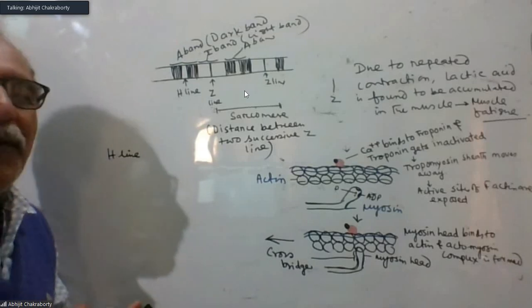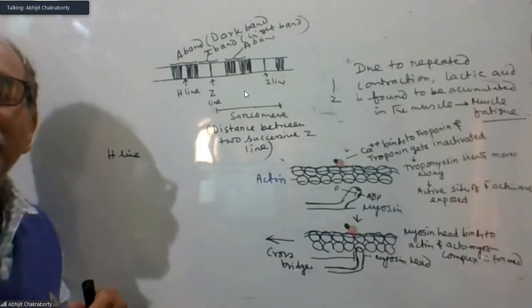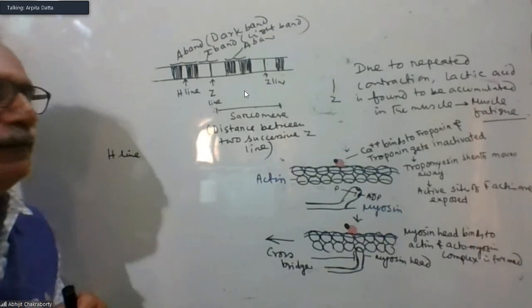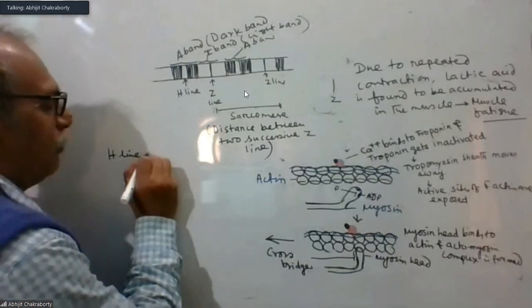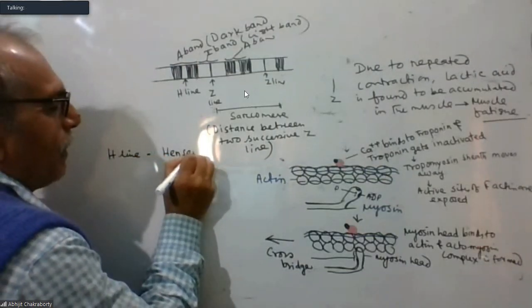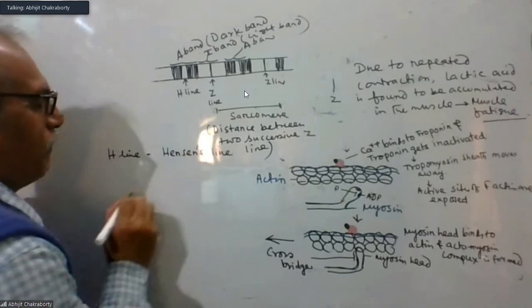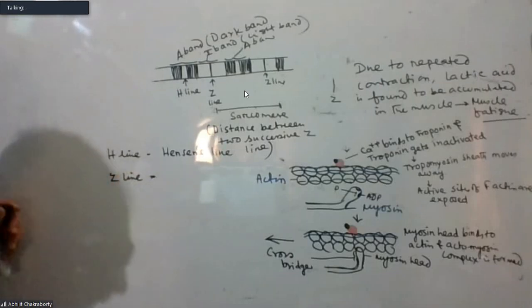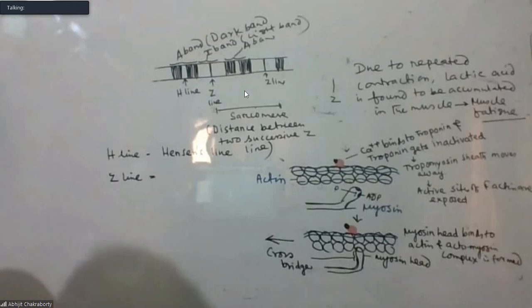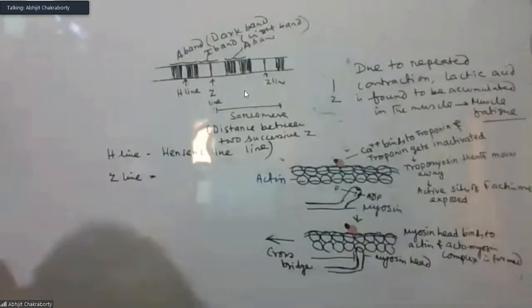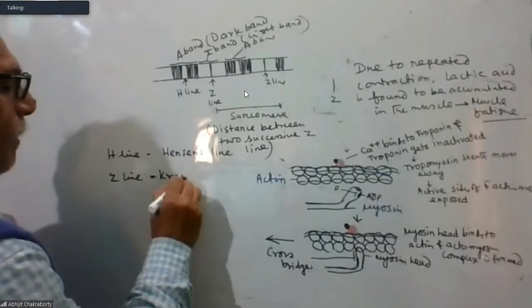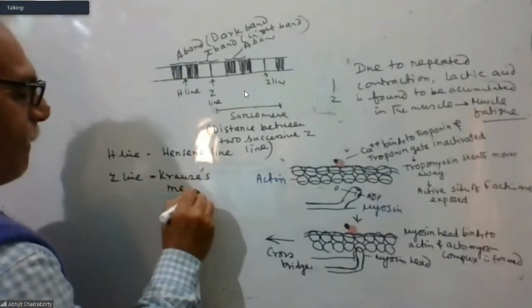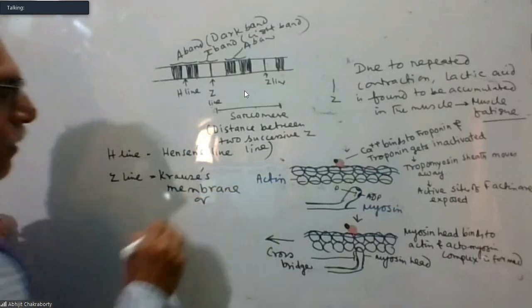A sarcomere consists of a complete A-band and half of each I-band. The H line is also called Hensen's line, and the Z line is called Krause's membrane, or Dobie's line.